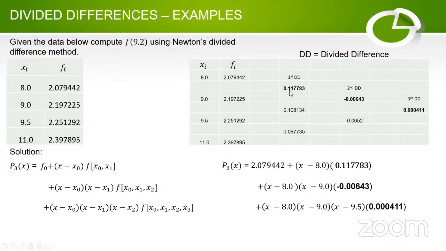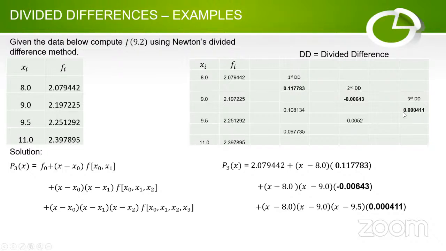We'll take 0.108134 minus this one, then divide by the distance between them, which is now 9.5 minus 8.0. So we'll get this. The same thing, we'll take the difference between 0.097735 minus 0.108134, divided by the distance between them, which in this case is 11 and 9.5. We'll get this. Now we are at this level.